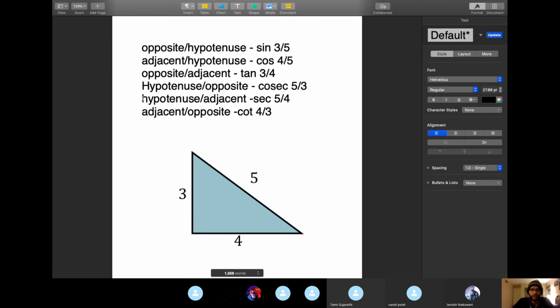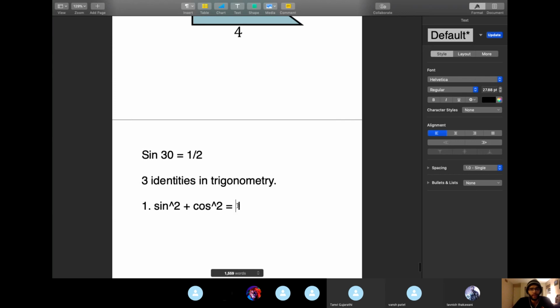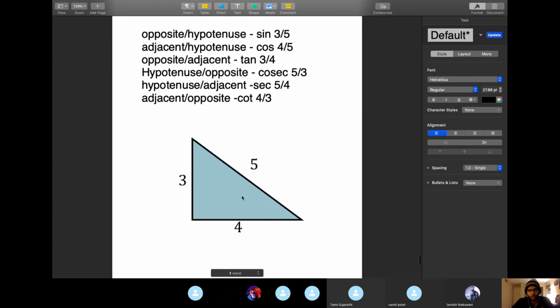So just wait. Sine is opposite by hypotenuse, cos is adjacent by hypotenuse. I want you to try to prove that sine squared plus cos squared is 1 for any triangle, for any angle. Why is it 1?